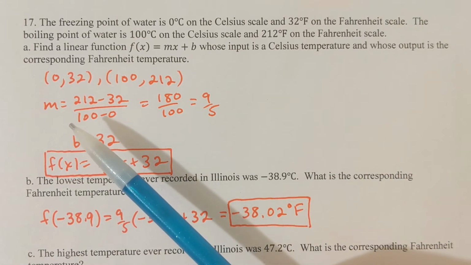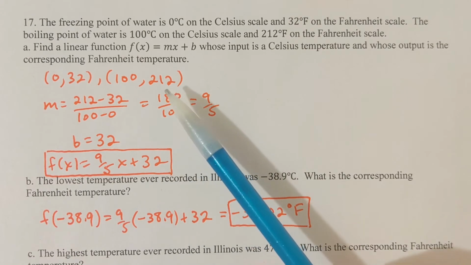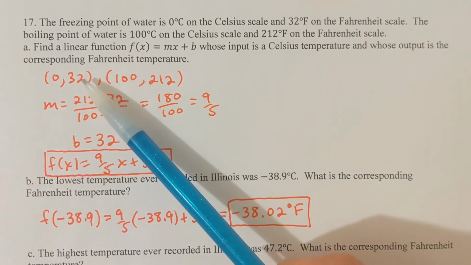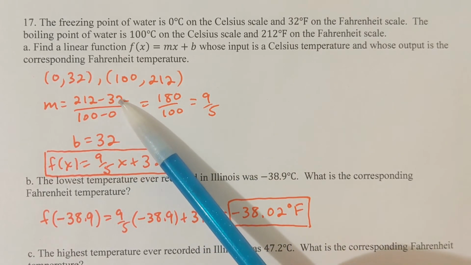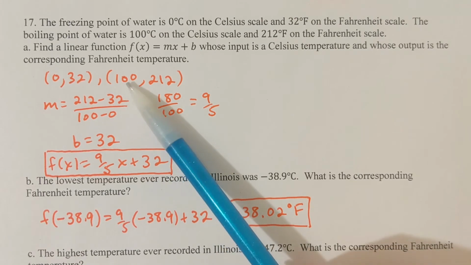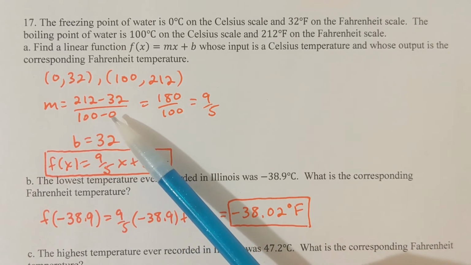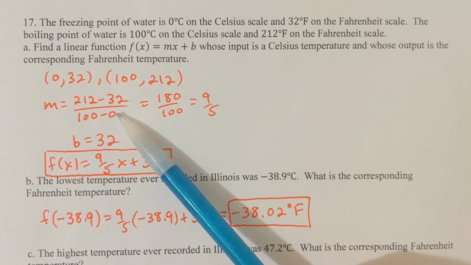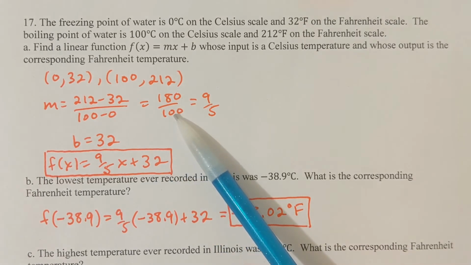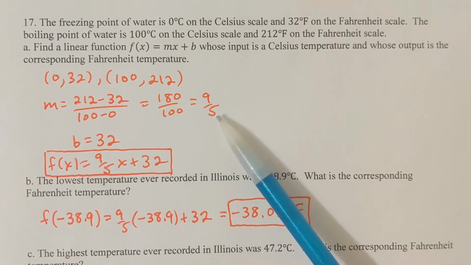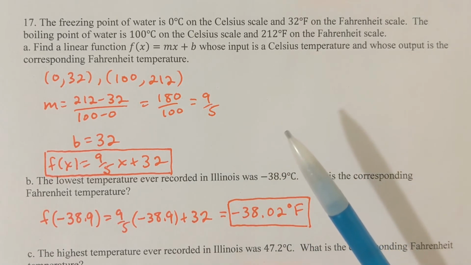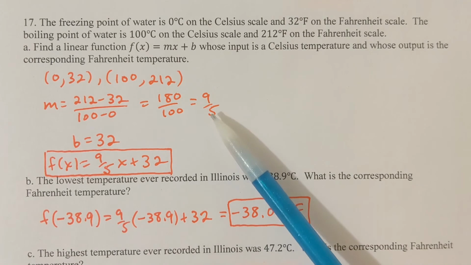Well, change in y over change in x. So if we take 212 minus 32 for the difference in the y values, divide that by 100 minus 0 for the difference in the x values, then 180 divided by 100, when you reduce that, that'd be 9/5. Okay, so the slope of this line is 9/5.